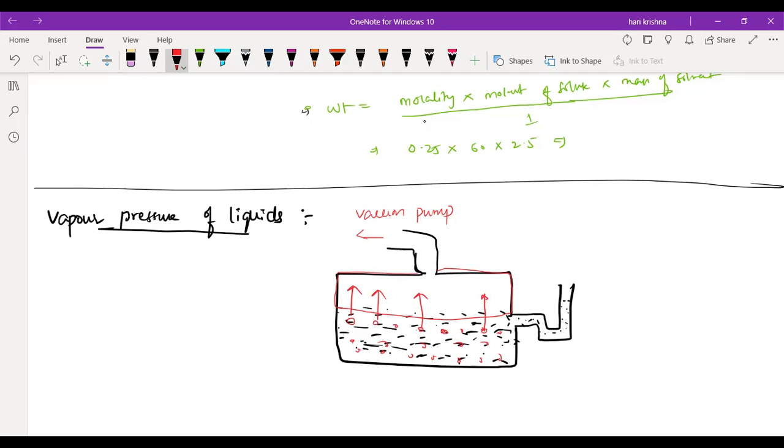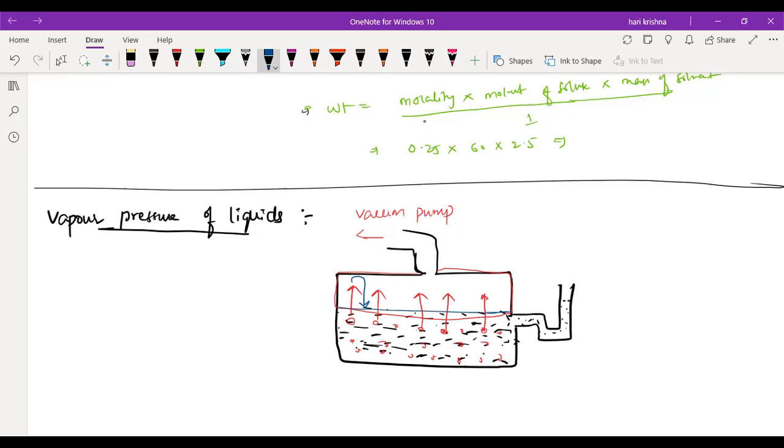These particles cannot move outside, right? So again, whatever particles are moving into the vapor phase, they will come back and exert some pressure. Vapor phase is nothing but the gaseous phase. Now the gas will show some pressure on the surface of the liquid.